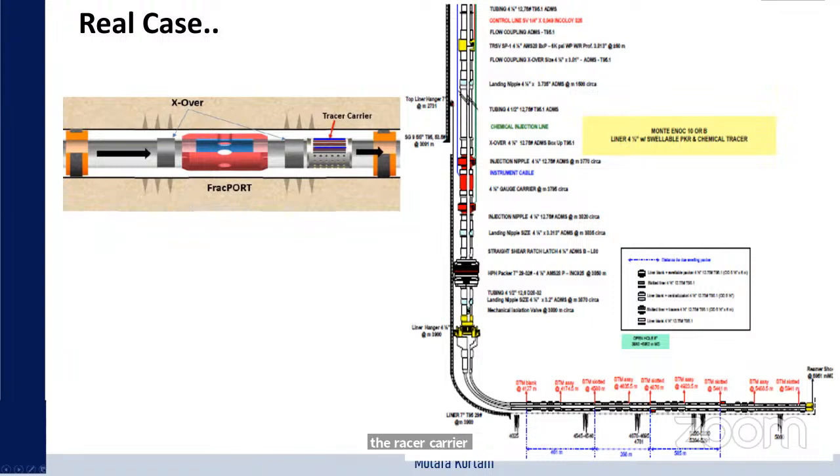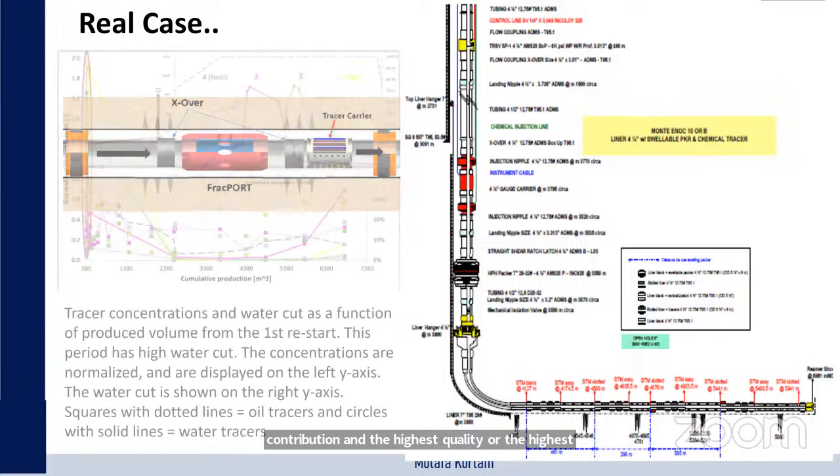So we have this kind of segmentation here, as shown in the well profile. So we're able to understand the contribution and the volume, or the performance, of each frac port. The one providing higher concentration is indicating or revealing the highest contribution and the highest quality, or the highest efficiency, of the fractures that are being pumped.